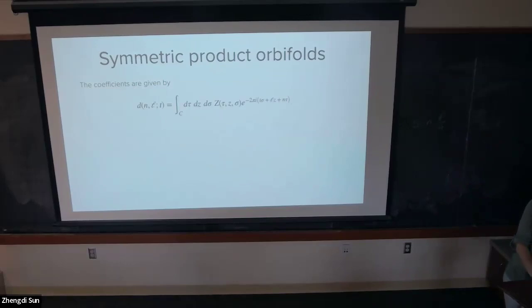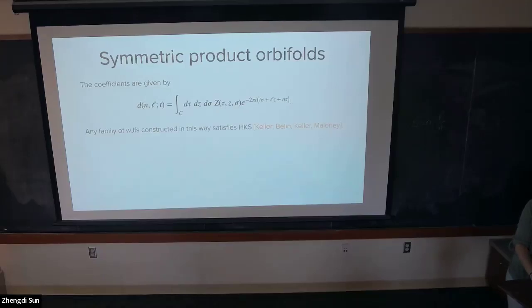The coefficients of this grand canonical partition function, I can write them down as an inverse Laplace transform, like we've been doing the whole time. And it was shown that any family of weak Jacobi forms that I construct in this way satisfies the sparseness condition by HKS.